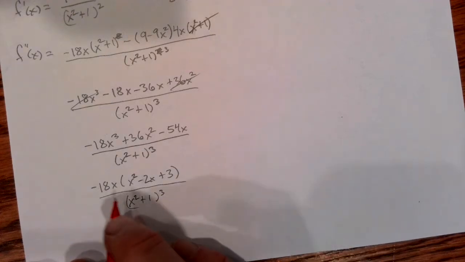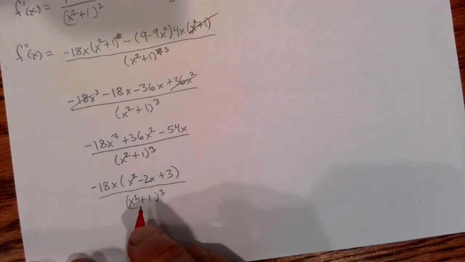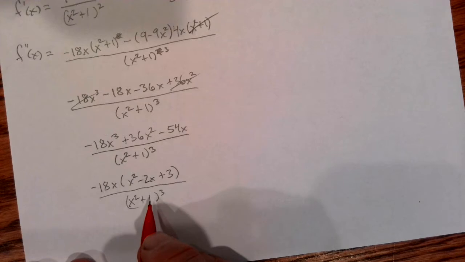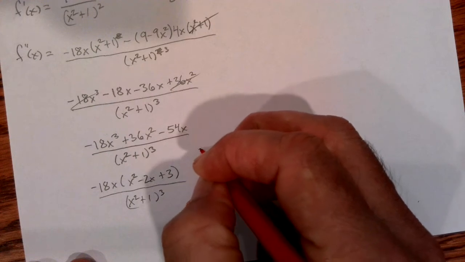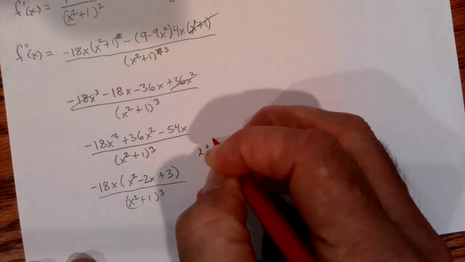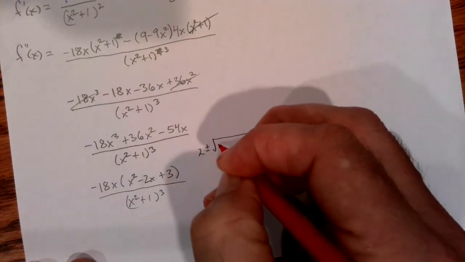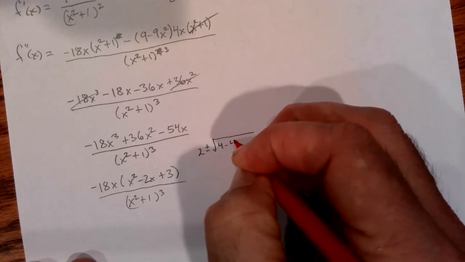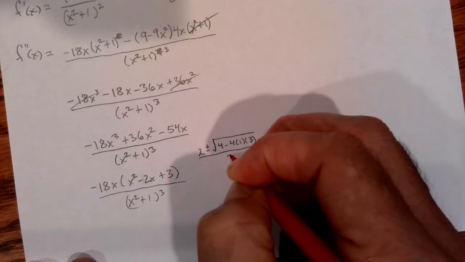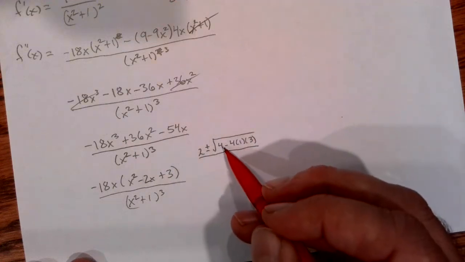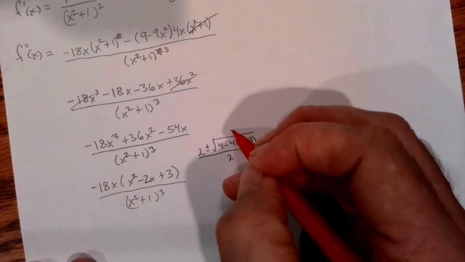Now, what does that tell us? Well, the bottom is always positive because x squared plus 1 is always positive. If we cube it, it won't change. Where is that guy equal to 0? If you used the quadratic formula, which many of you have plugged into your calculator already, I made a video for you last year. If you check out the quadratic formula, you'll find that 4 minus 12 gives you negative 8.